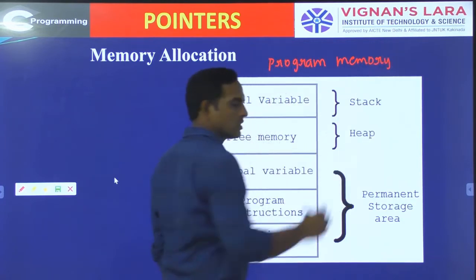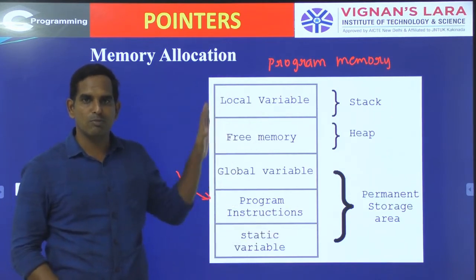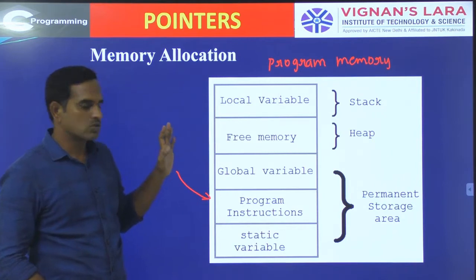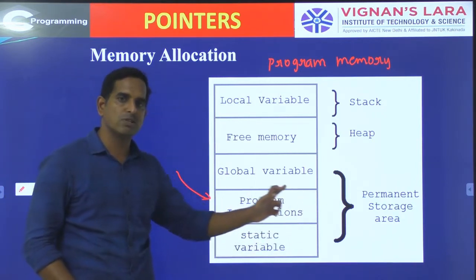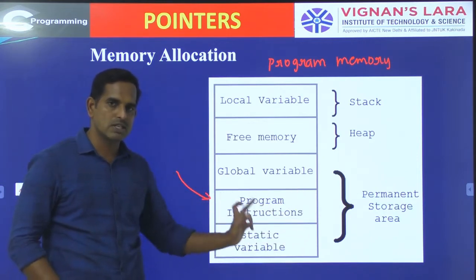Each and every program will be provided this amount of memory for the declaration of your variables and everything. When you write the instructions for the program, those instructions will be stored in one space called the instruction space or the program instructions.